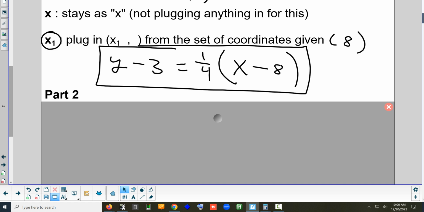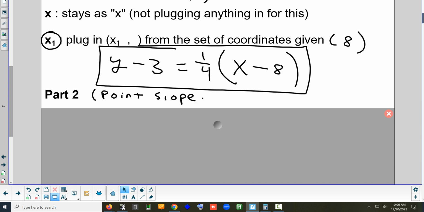Well, in part 2, we're going to learn how to change from point slope, which is what I just showed you, to what we did yesterday, slope intercept. Okay, so there is a way to take this and make it look like what we did yesterday, now that we have it. And I'm going to show you what we have to do.